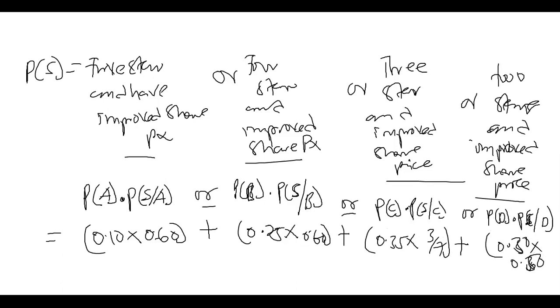Hmm, in essence, probability that the firm has improved its share price, when you sum everything up here, you should get 0.51, okay?